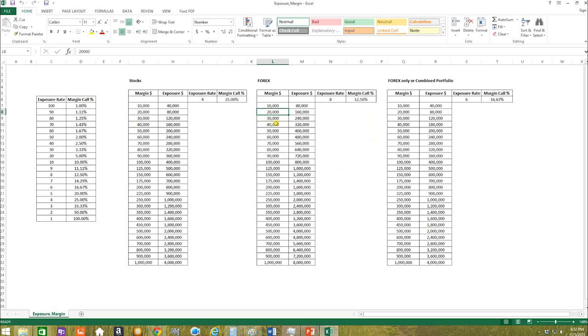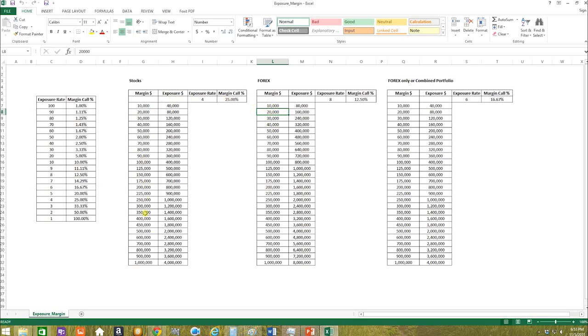And if we go to putting 20,000 into our trading account, that means in Forex, if we're restricting ourselves to 8 times, we have exposure of $160,000 or equivalent US dollars, whatever currencies we have the positions in. The equivalent is $160,000. So if we lose 12.5%, 20,000 will be wiped out.